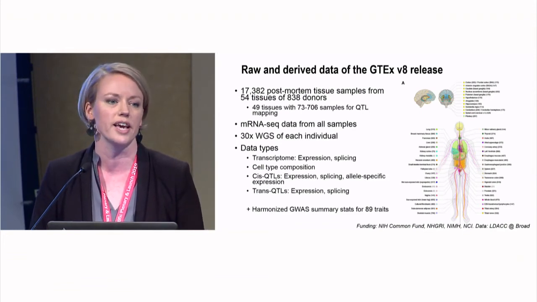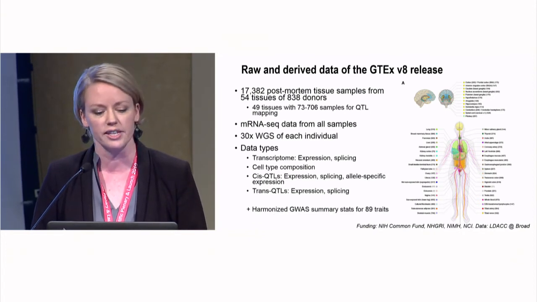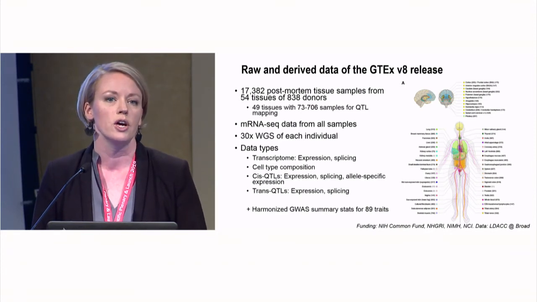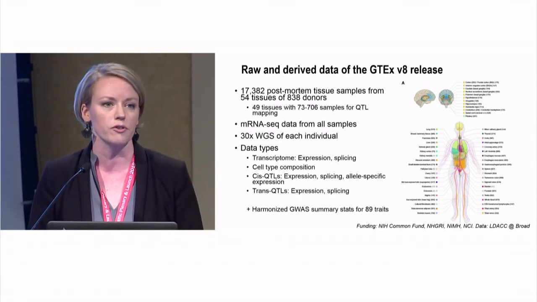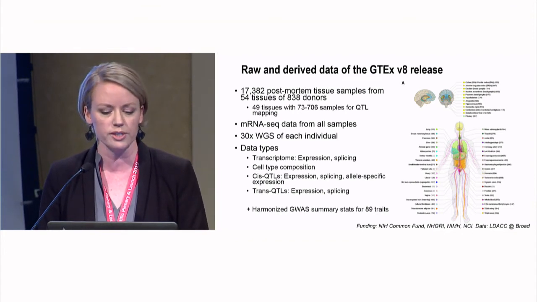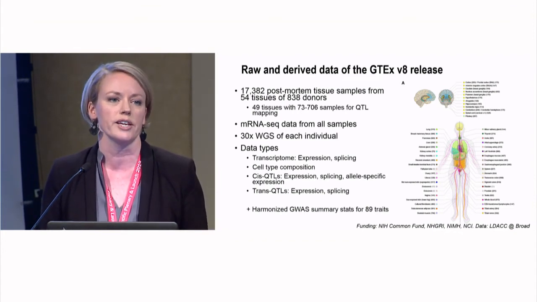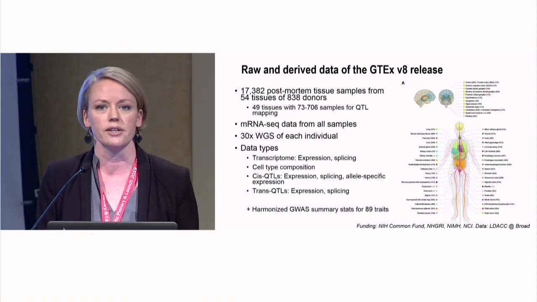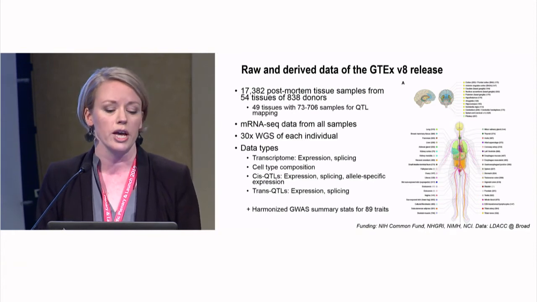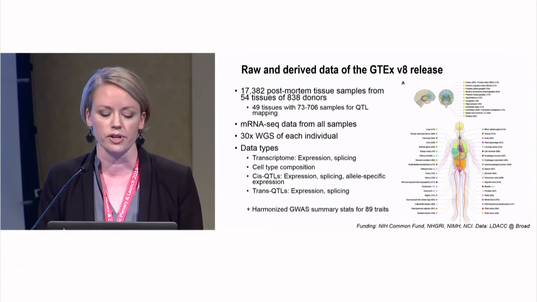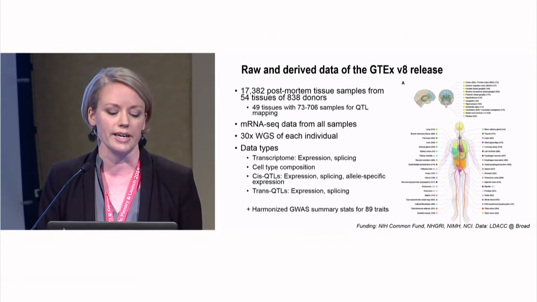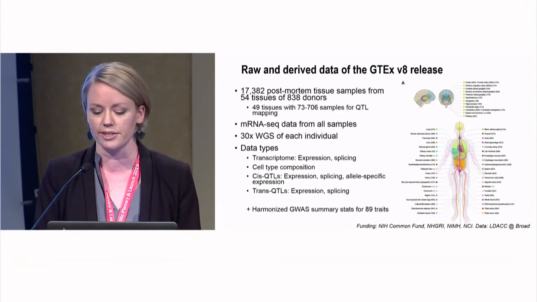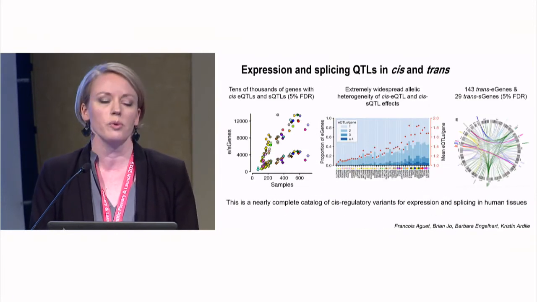And now with the GTEx V8 release, we're at the point where we have over 17,000 post-mortem tissue samples from about 50 tissues of over 800 donors, RNA-seq data from all the tissue samples, whole genome sequencing from the individuals, and then multiple data types created from this raw data, looking at transcriptome variation, computationally estimated cell type composition, cis-QTLs, trans-QTLs for expression and splicing, and then integrating these data with harmonized GWAS summary stats for a number of different diverse complex traits.